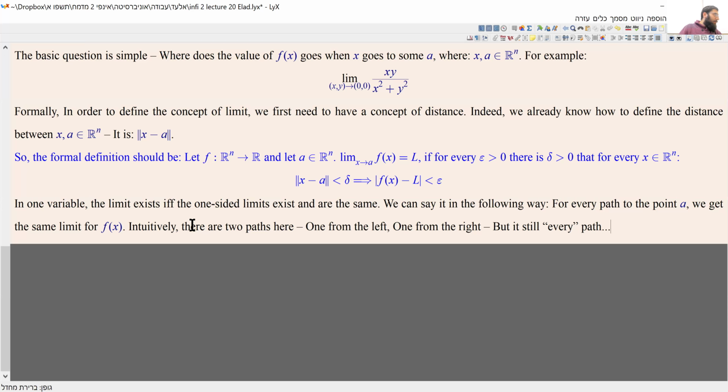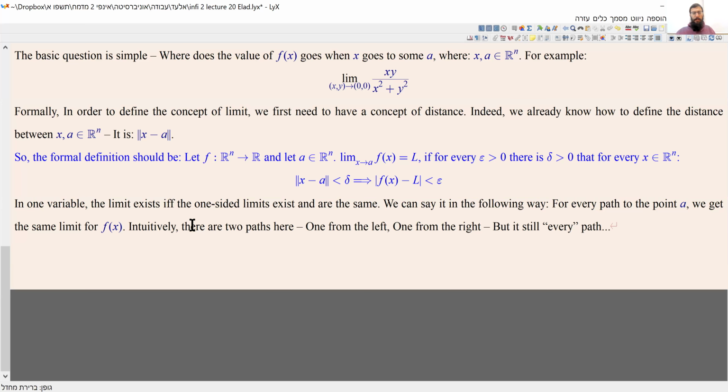Now, what can we say about more than one variable? We can say the same for functions of more than one variable.